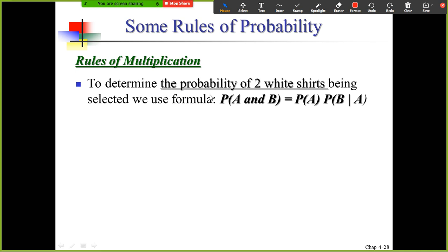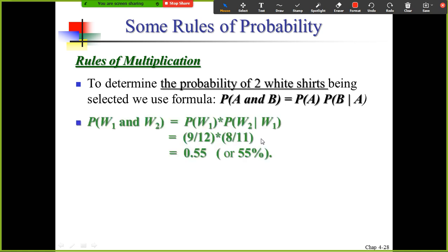To determine the probability of 2 white shirts being selected, we use this formula. This is the general rule of multiplication, because the second white shirt selected depends on the first white shirt selected. The probability of W1 and W2 equals the probability of W1 multiplied by the probability of W2 given W1.